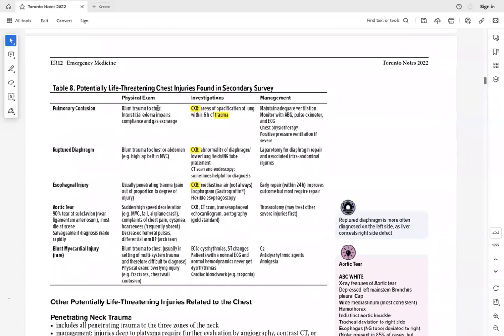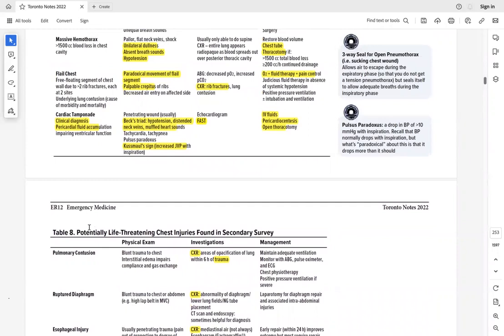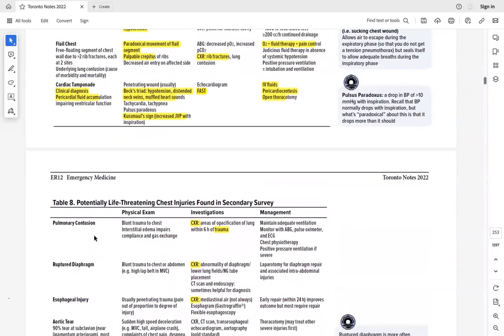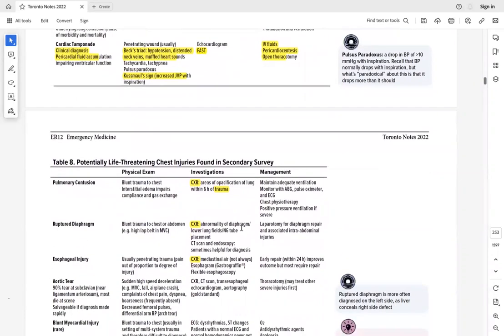Now, if the patient has some pulmonary contusion, what is the complication of flail chest? The complication is pulmonary contusion. Okay. So blunt trauma to the chest, interstitial edema, impairs compliance and gas exchange. How will we diagnose it? With chest X-ray and maintain the ventilation, ABGs, pulse oximetry, do ECG, and chest physiotherapy is the treatment.